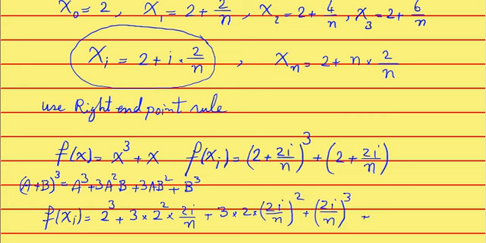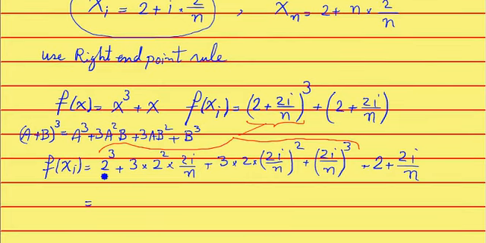So all of this is that. How did I do that? Instead of a, I have 2, instead of b, I have 2i over n. Use this identity, open this all up. Next, this is 2 plus 2i over n.